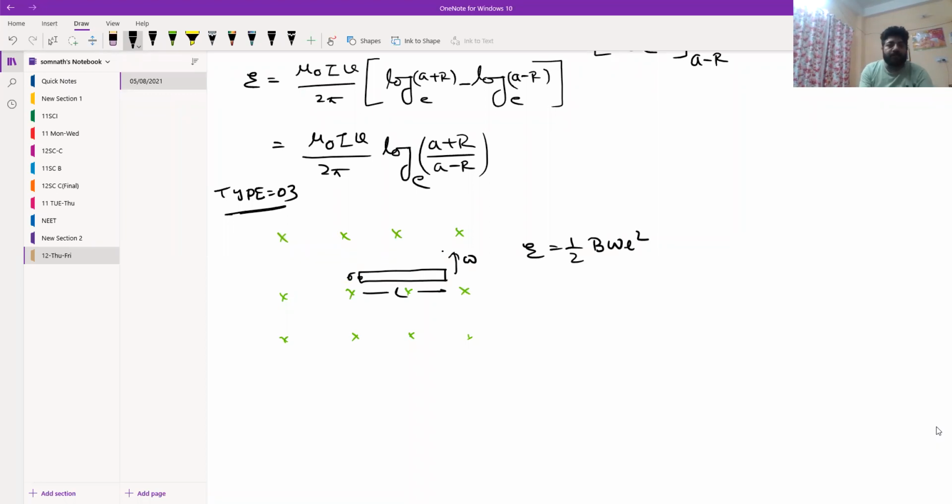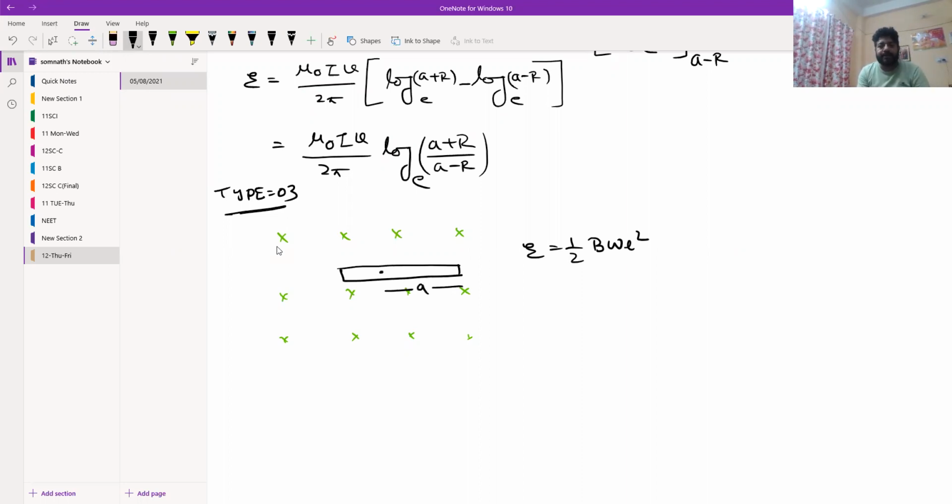Okay. Now what happens is the examiner changes it a little bit. How do they change it? I just want to show you. This type of question has been asked at least 2-3 times in examinations. They take a rod like this and take the center here.